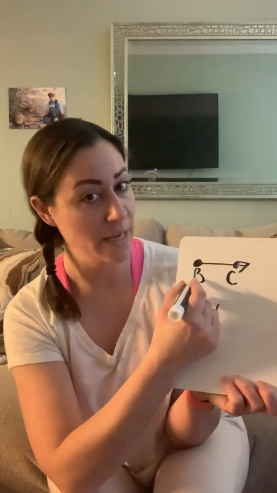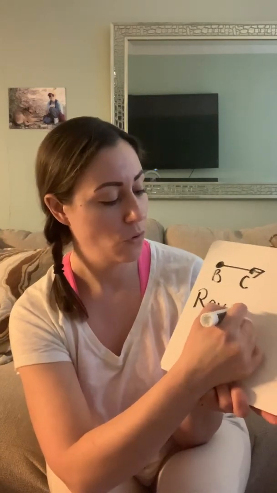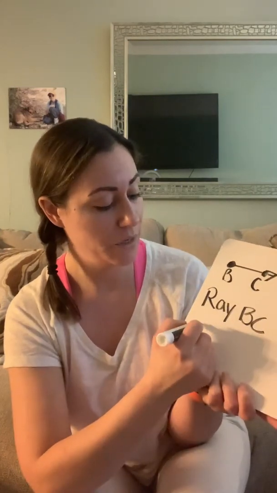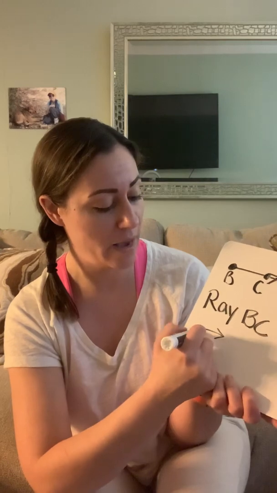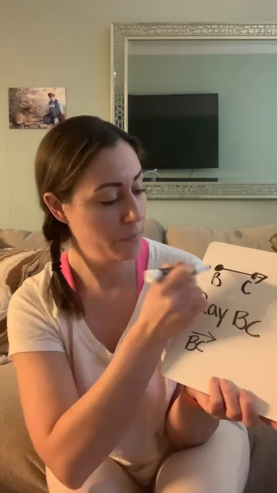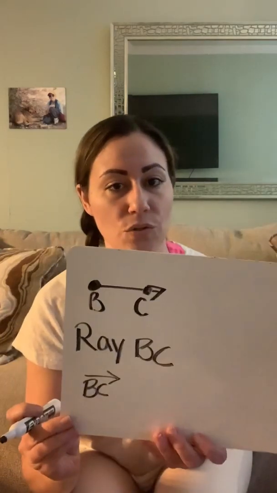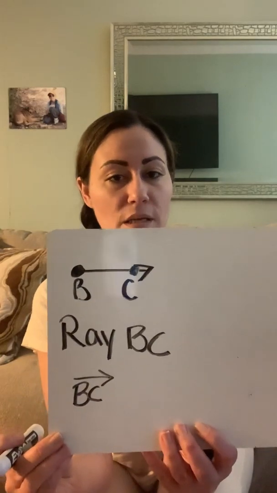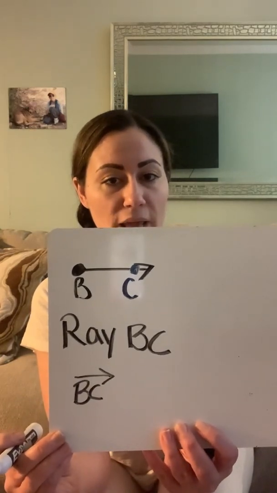So this could either be ray BC, or I can use a symbol, a small ray, and underneath put BC. These are the two ways that I can name a ray.